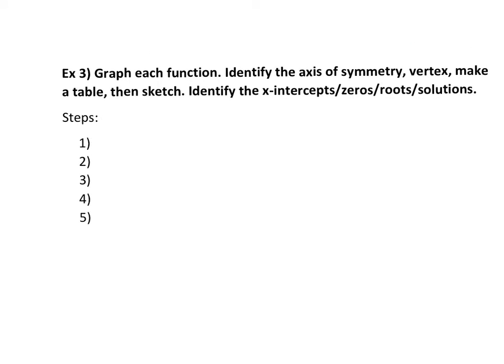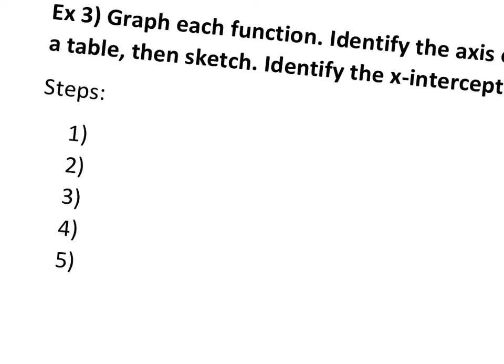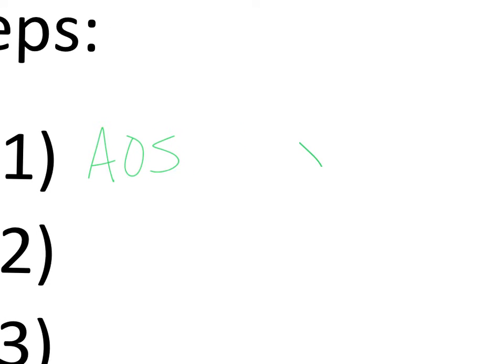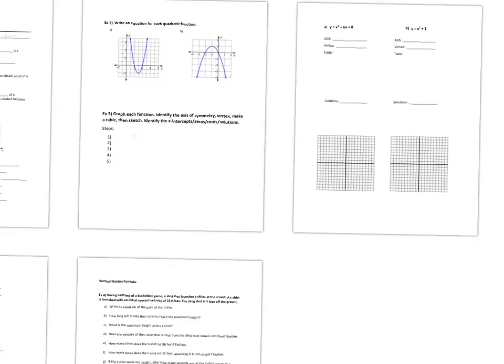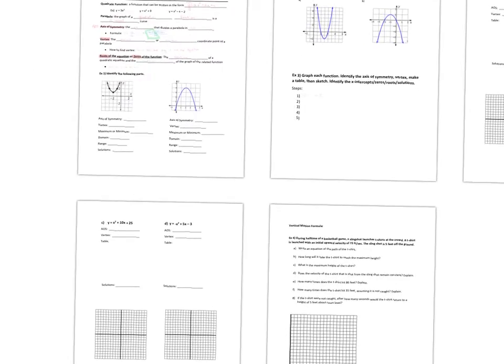So it says graph each function, identify axis of symmetry, vertex, make a table, and then sketch it, okay? So the first thing we're going to find here is the AOS, or axis of symmetry. And to do that, we're going to use the formula negative b over 2a, okay? All right, so let's find your first example here.